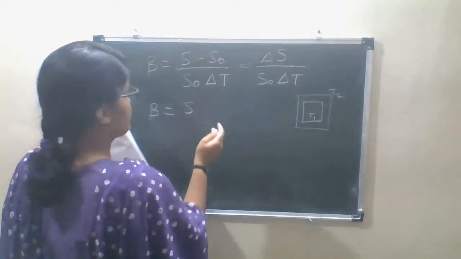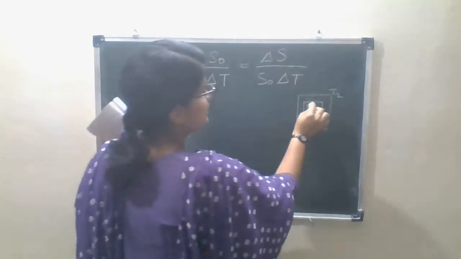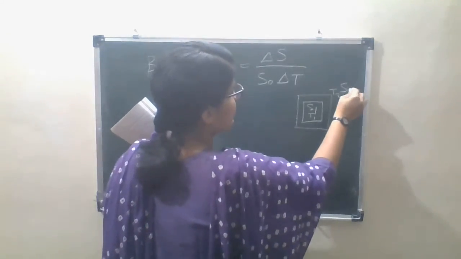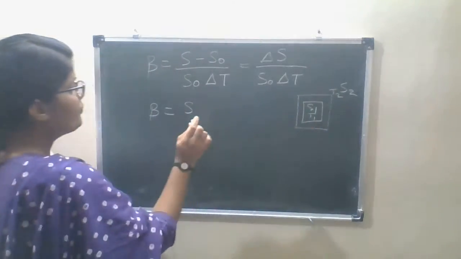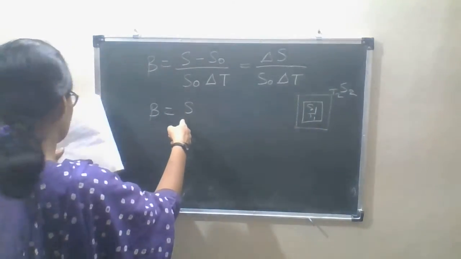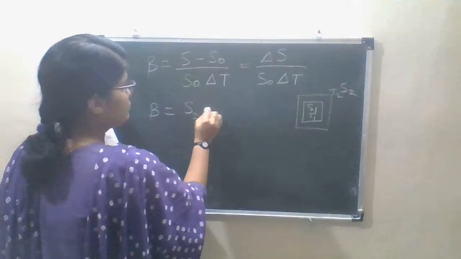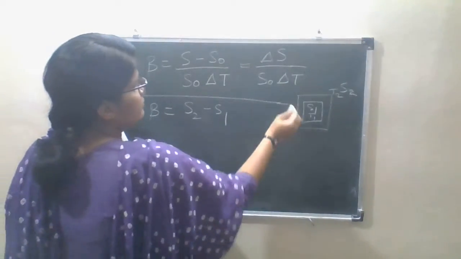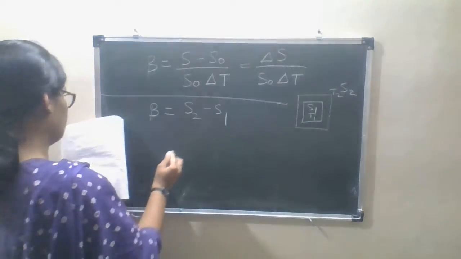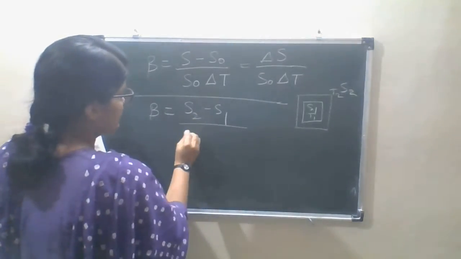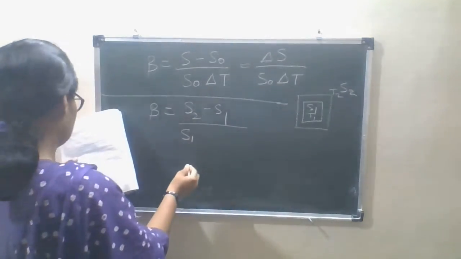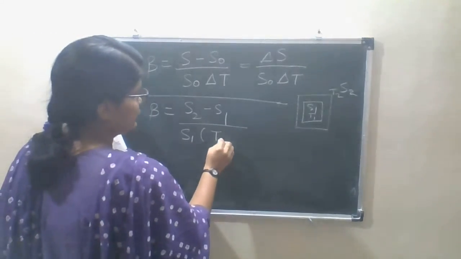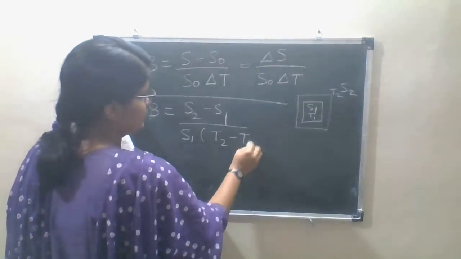S2 and S1. In this case we have considered the first surface area as S1 and the second as S2, so it will be S2 minus S1 upon the original surface S1, and the change in temperature, that is T2 minus T1.